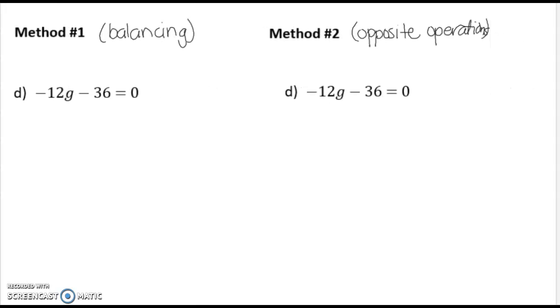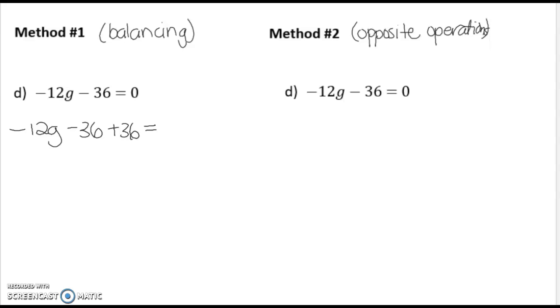So, last example here. Let's do the balancing. So we want our variables on one side and our numbers on the other. So right now, this is a negative 36. We want to get rid of this. So we have to do the opposite operation, which means we have to add 36. So over here, we're going to have negative 12g minus 36, and then add 36.